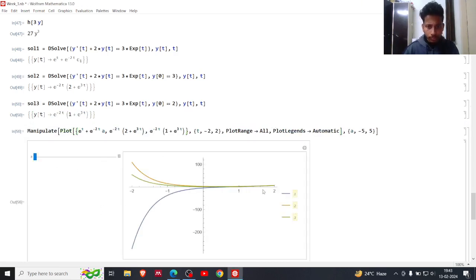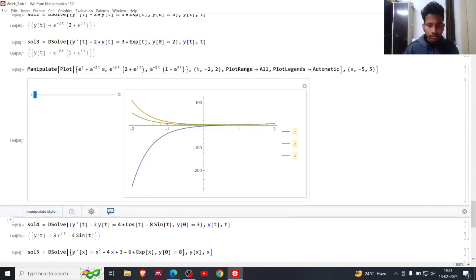So this is the blue line where there is a coefficient a.